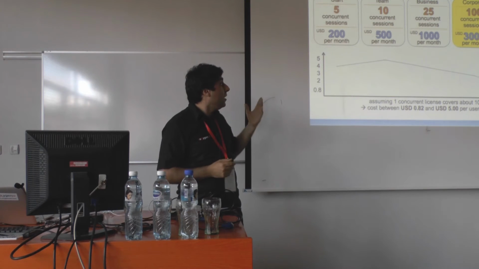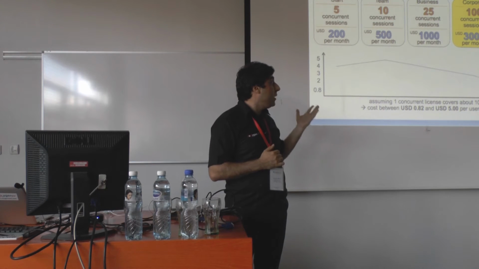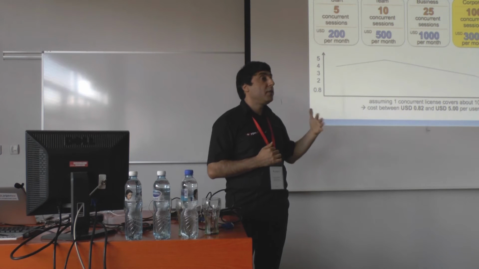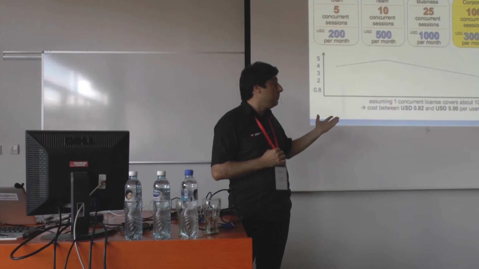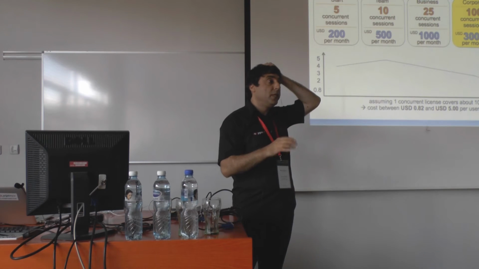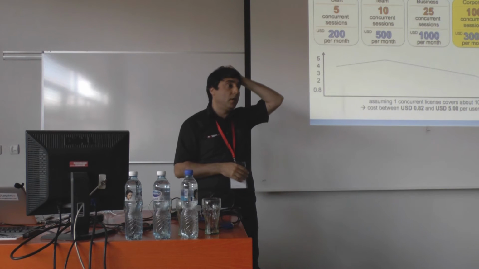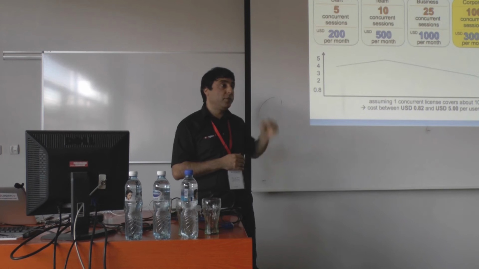Basically, if you think that a floating license is usually shared between about 10 users, the price is from 82 cents to $5 per month per user. So the prices will be in this range.